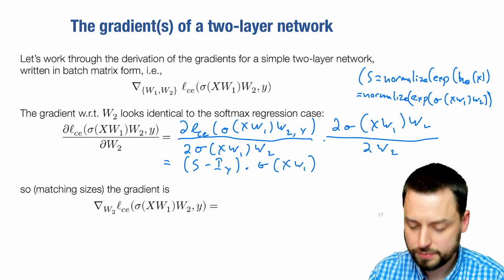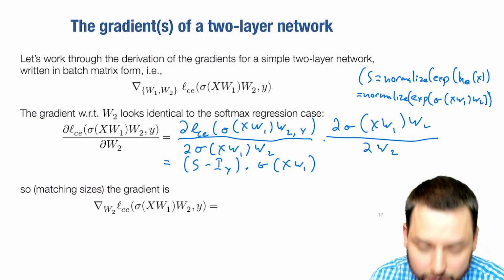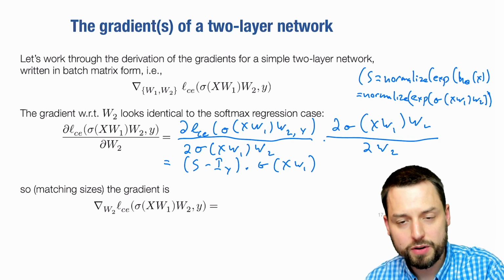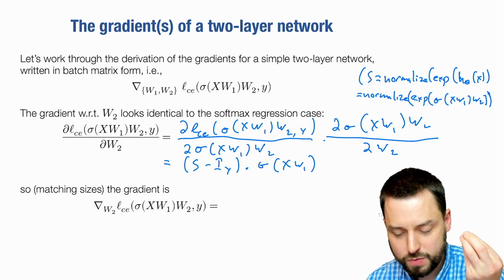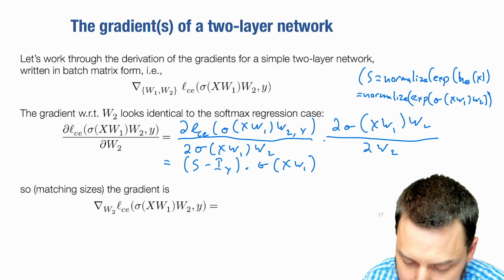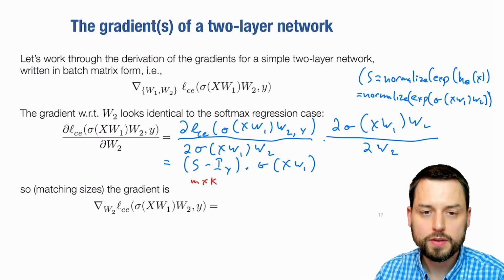All right, now how big are these things? Well, S here would just be the output. Remember, our class structure is k-dimensional. So the output here would be an m by k dimensional matrix.